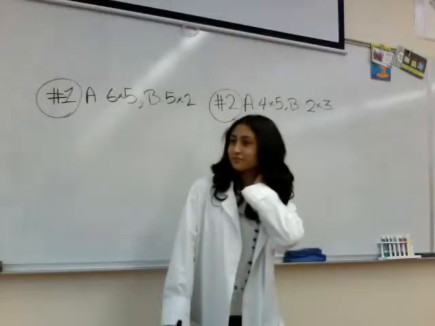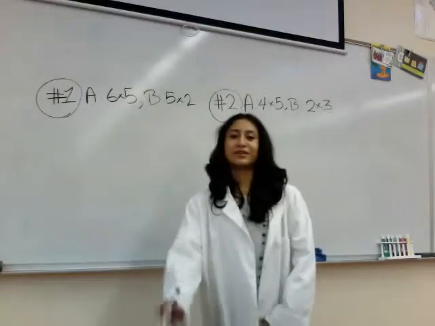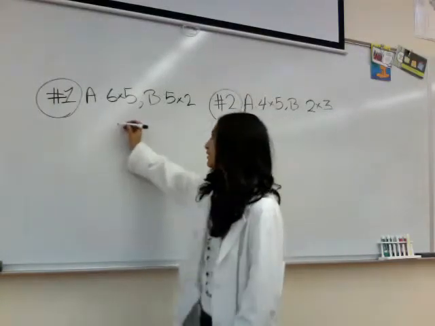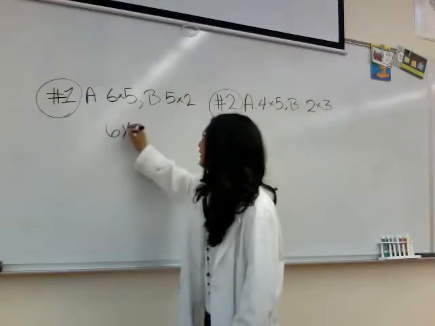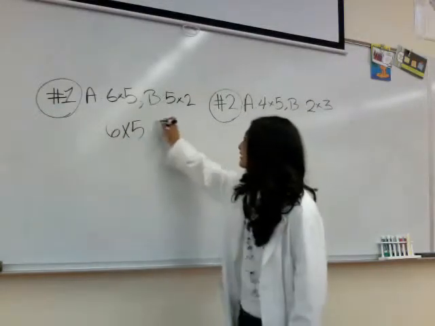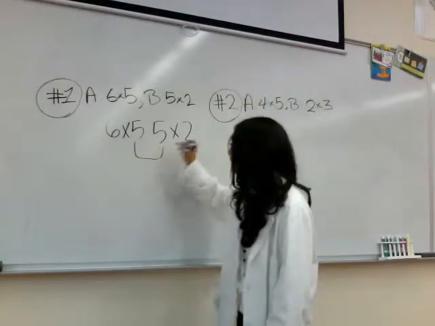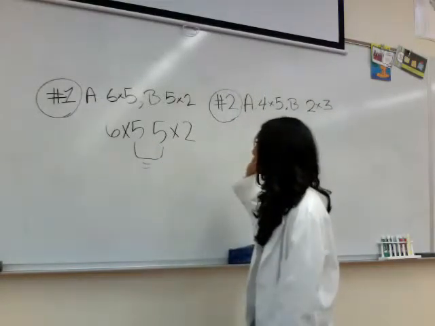My name is Adriana, and we are now going to practice some problems. The dimension of matrix A is 6 by 5. Matrix B is 5 by 2. And the inners are equal, which means you can multiply them.